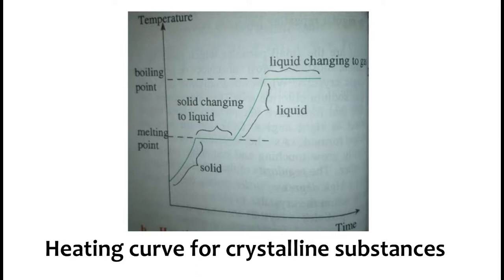Then it moves up to the boiling point as the temperature increases. So between the melting point and the boiling point, we have liquid. Then at the boiling point, the liquid changes to gas.